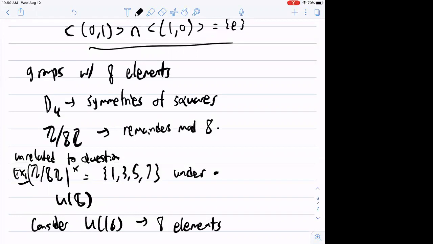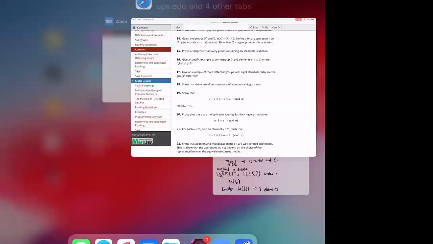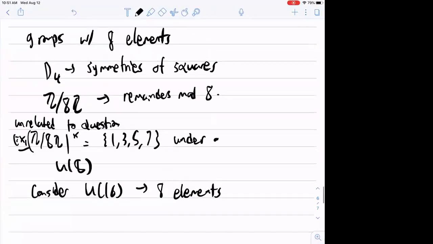By different, I think they mean there's no isomorphism that preserves group properties between them. This one is cyclic, so you argue that these two are not cyclic. Agree?